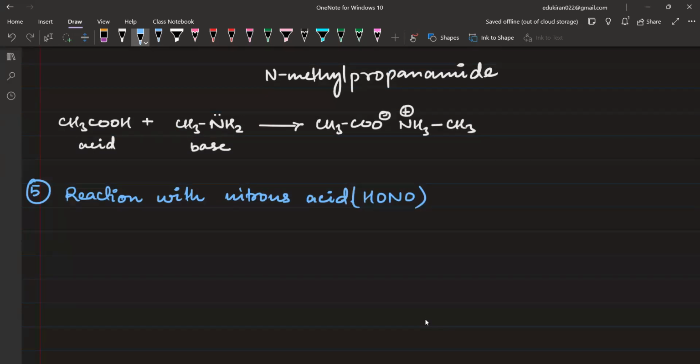Reaction with nitrous acid. Okay. Now, how is nitrous acid made? Nitrous acid is actually made from the reaction of NaNO2 and HCl.